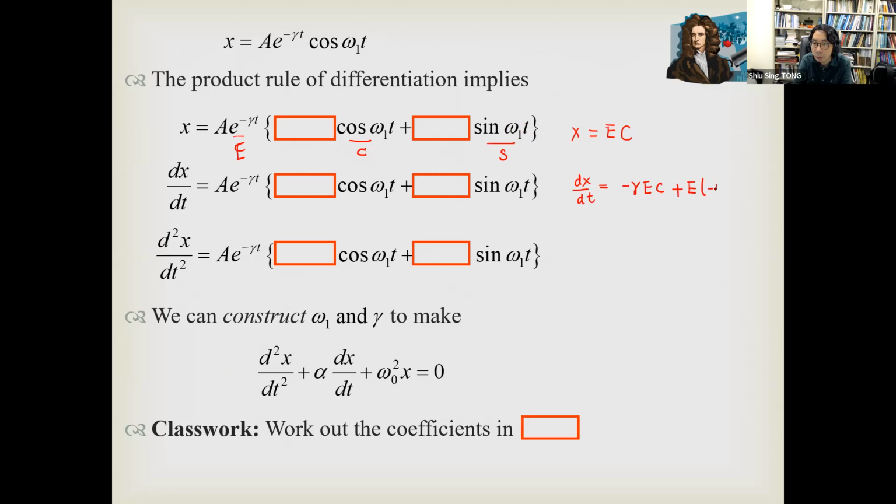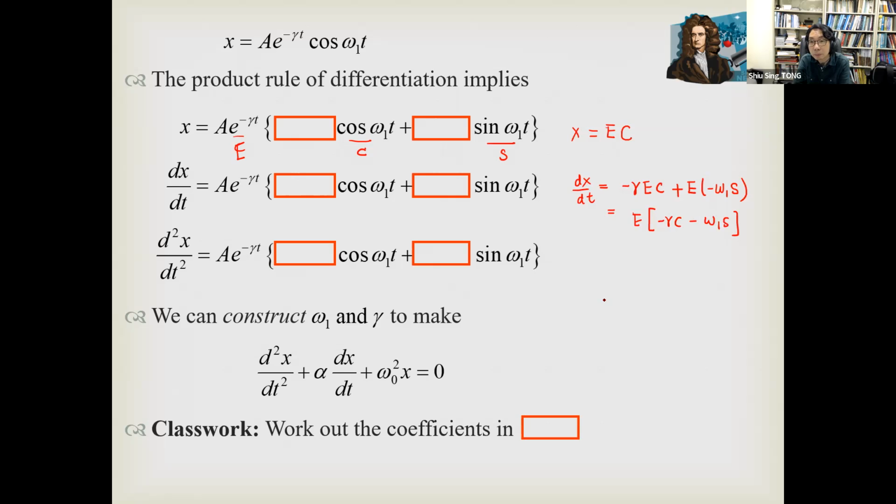So I have minus omega 1 times S. So I will have E times (minus gamma C minus omega 1 S).